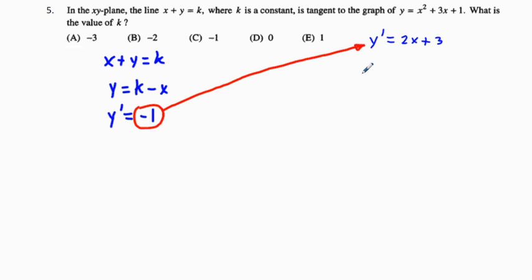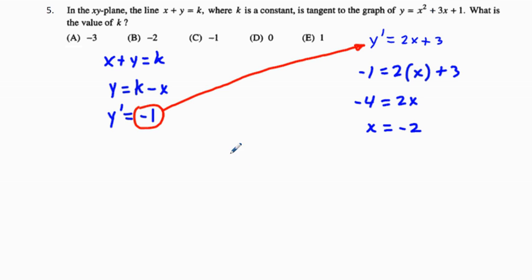So we'll say negative 1 is equal to 2x plus 3. And we just solve for x. So if we subtract 3 from both sides, we're going to get negative 4 is equal to 2x. Divided by 2, x is equal to negative 2. And now we can take this x equals negative 2 and plug it into the original function, and then use it to get the value of k.